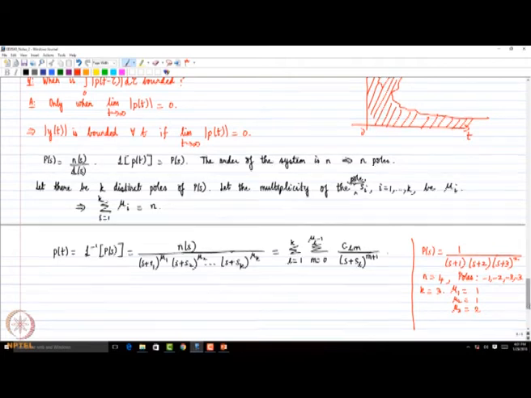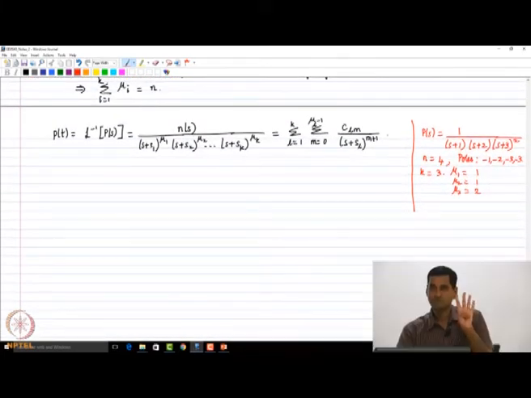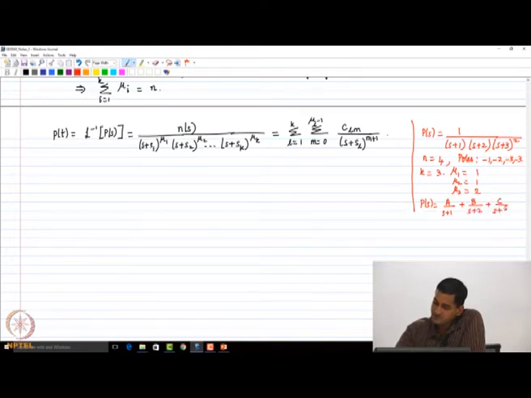If you add mu1, mu2 and mu3, you get 4, which is n. Now, if you want to do the partial fraction expansion, we will write A by (s + 1) plus B by (s + 2) plus C by (s + 3) plus D by (s + 3) whole square, isn't it?